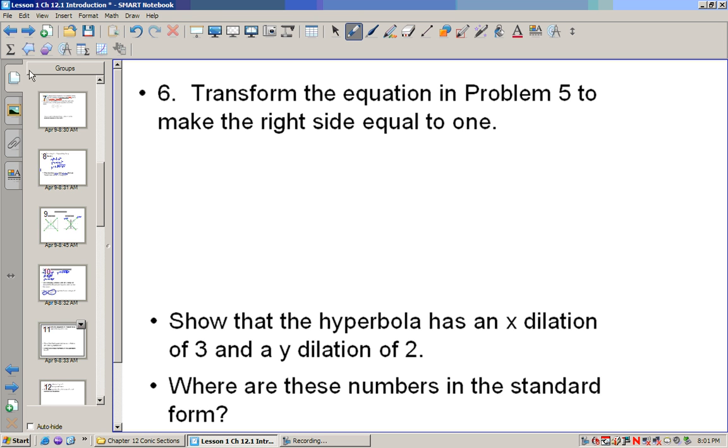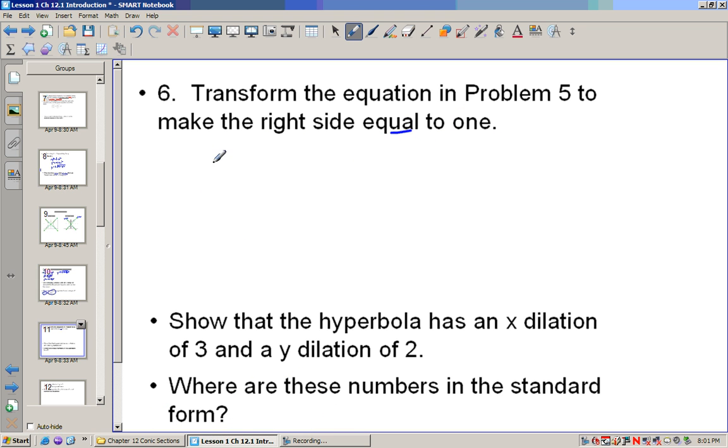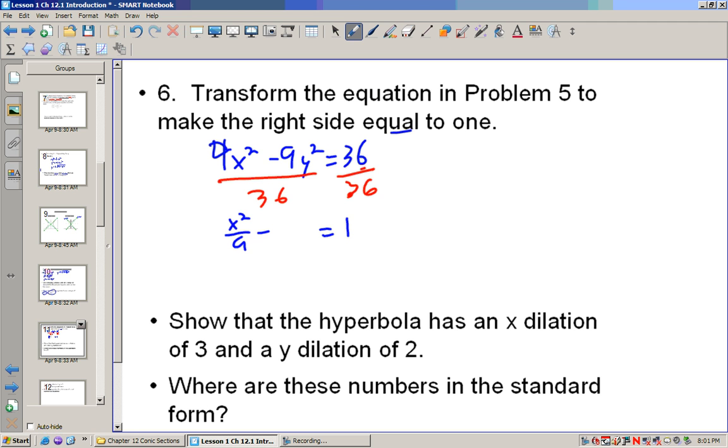Now if we transform that problem so the right side is equal to 1, 4x squared minus 9y squared is equal to 36. We do the same thing where we divide each side by 36. The right hand side is equal to 1. 4/36 is 1/9. 9/36 is 1/4. So now if we take the squares to the outside, x over 3 and y over 2, each of those squared.